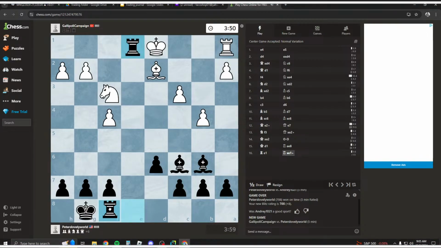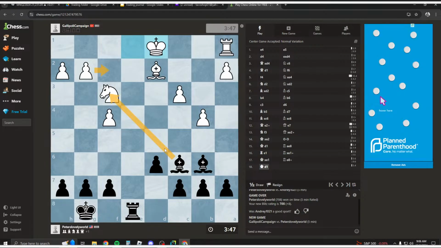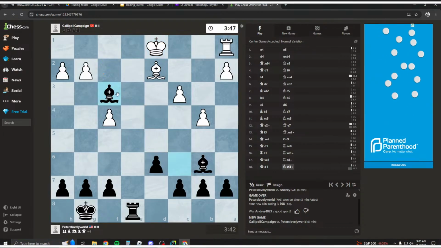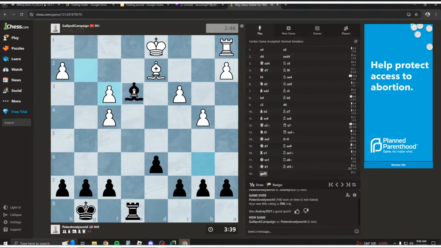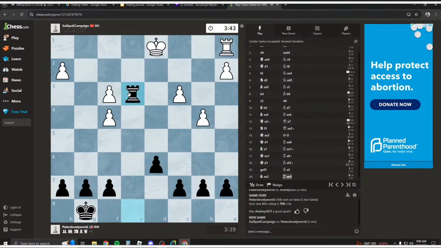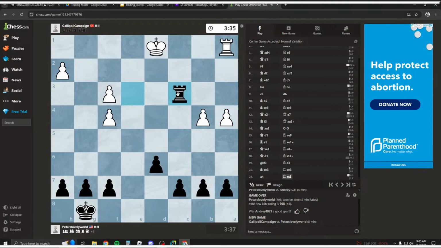Gonna take it with his knight. Okay. I can trade for days, my boy. Do I want to mess up his pawn structure? I kind of do want to. Yeah, I'll mess up his pawn structure. Just trade off everything here. So now I have options. I'm just gonna keep winning his pawn. Make sure I don't get back-rank mated here. Back rank though.